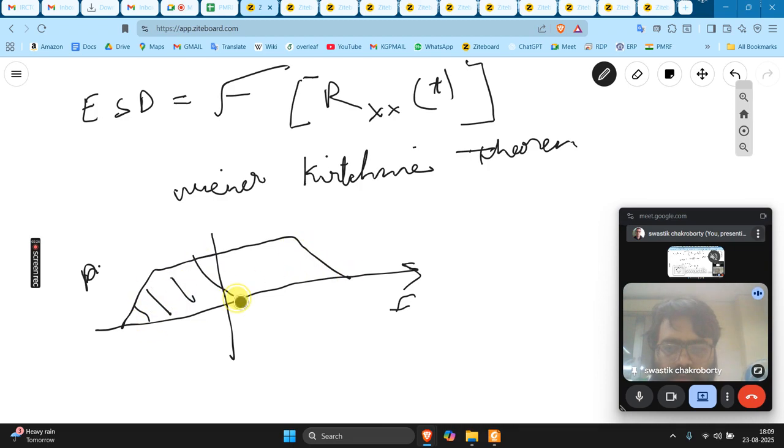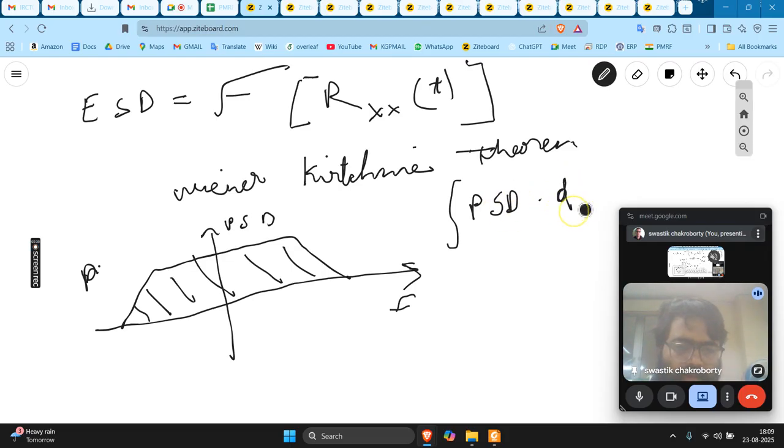Area means integration. If this is our PSD, we are integrating the PSD with respect to the frequency. This basically gives the area, and this also gives the total power, because PSD is the power present per unit of the spectrum.